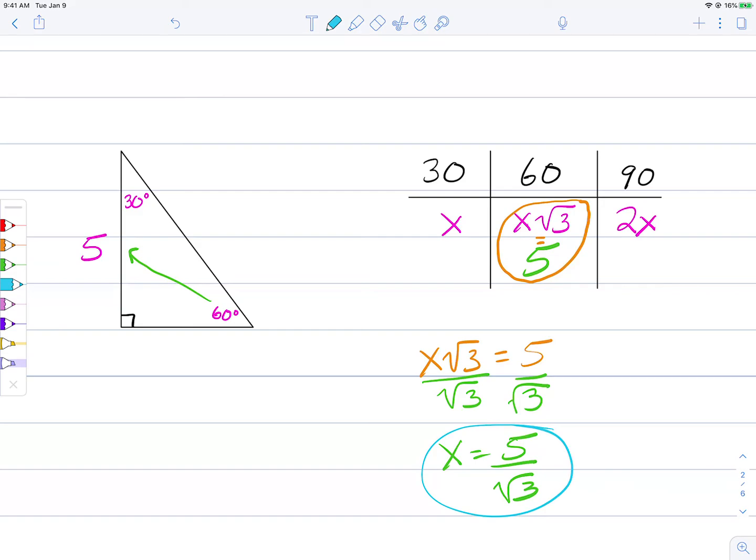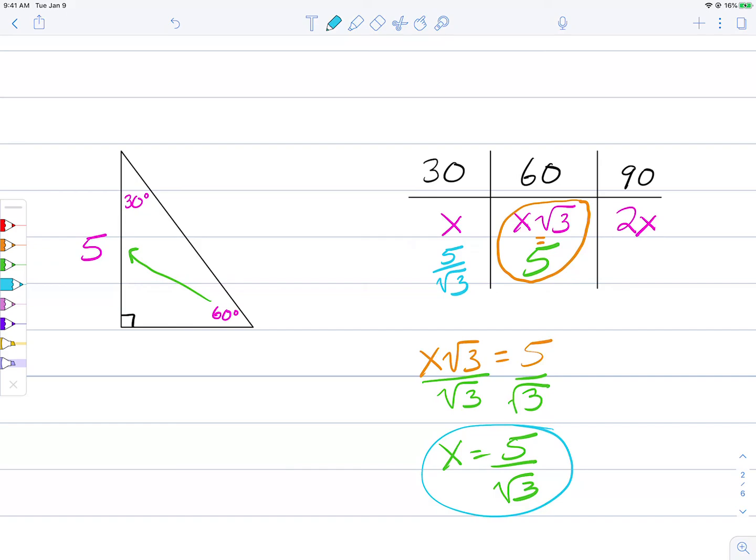Eventually, probably in Algebra 2 or Geometry, you'll learn about rationalizing the denominator, but we will not be doing that today. That means not having a square root in the denominator. So our special number for this one's a little bit more interesting looking, but it is just 5 over root 3, which means across from the 30 is x, which is 5 over root 3.